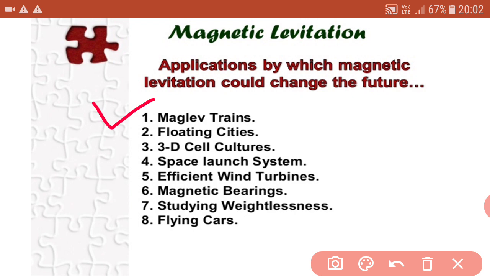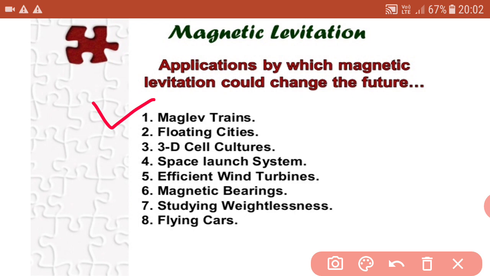Another application is studying weightlessness, then flying cars. So these are some applications of magnetic levitation.